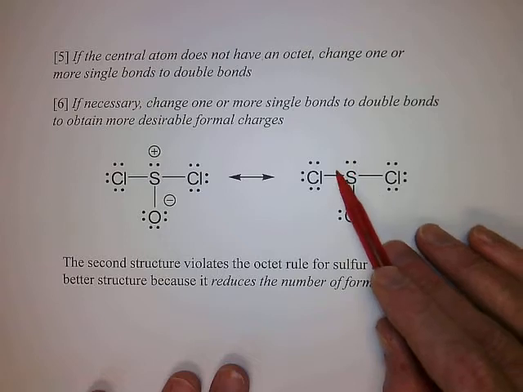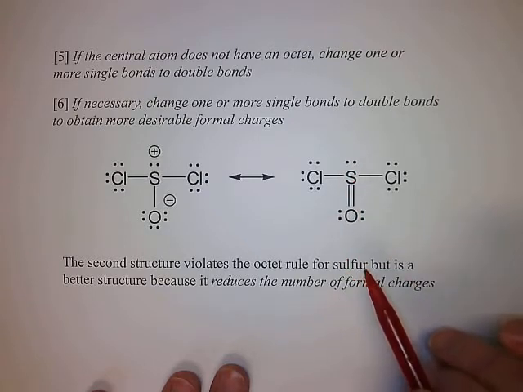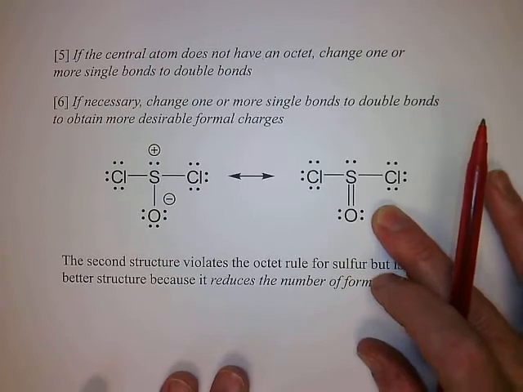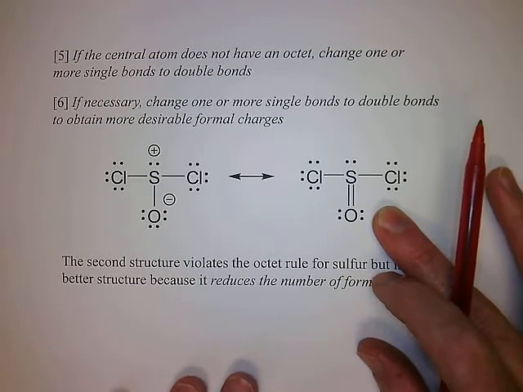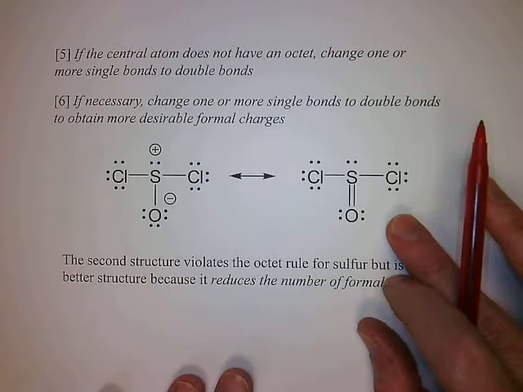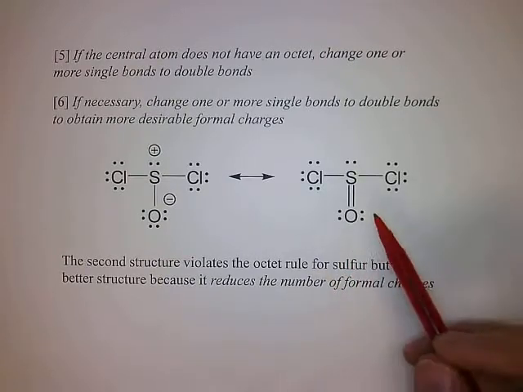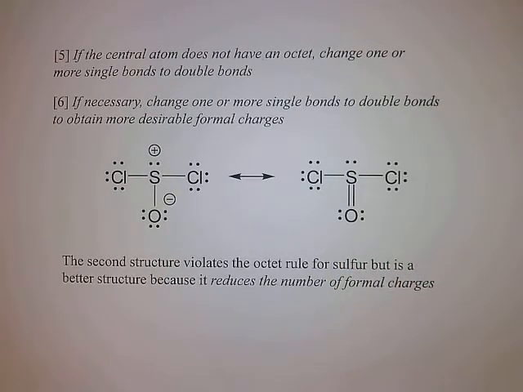Right, so 1, 2, 3, 4, 5, 6, 6 minus 6 is 0. This structure has no formal charges. And if you remember our rules for deciding formal charges, one of them was it's always preferable to have the lowest number of formal charges. So here we got rid of the formal charges entirely.